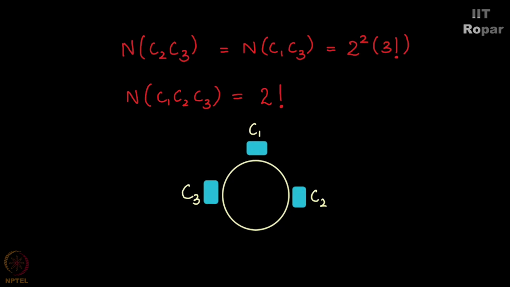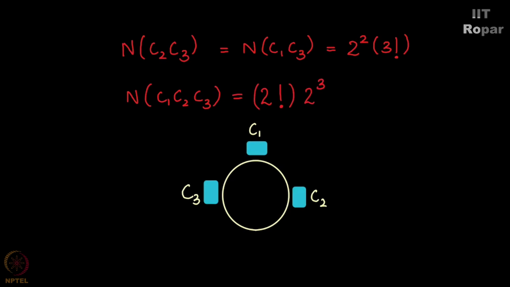Why? 3 distinct objects can be arranged around a circular table in 3 minus 1 factorial, which is 2 factorial ways. But we have 3 couples here, and one couple can sit in 2 ways, HWWH. So for 3 couples, it will be into 2 cube. Did you get that?